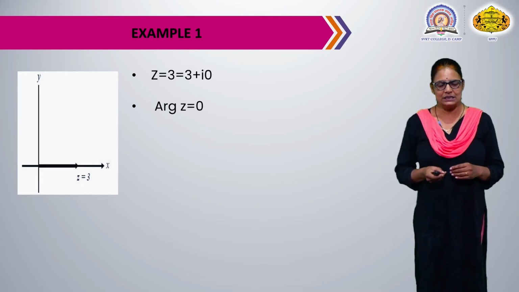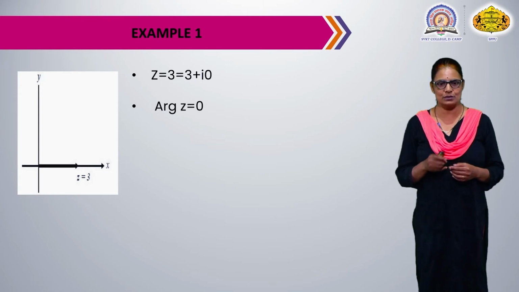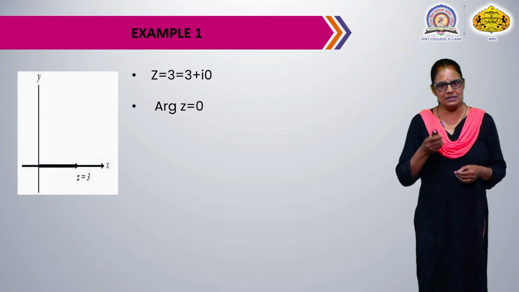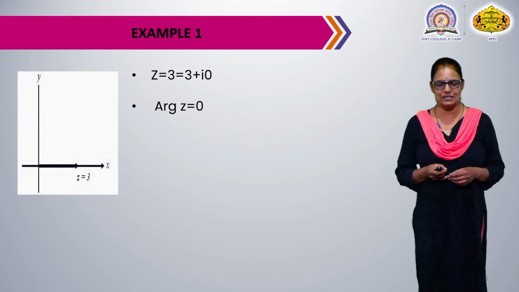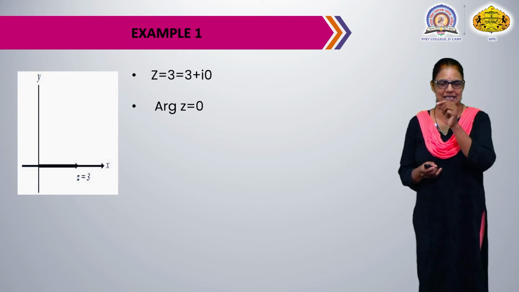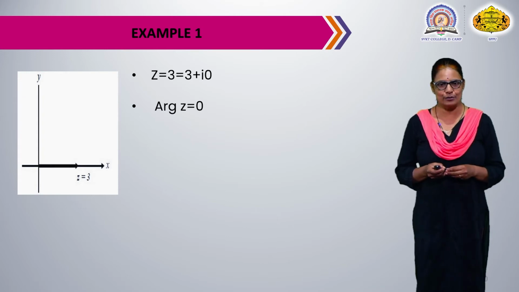Here this radius vector lies on the real axis, so the angle between the radius vector and the real axis is 0. And that is why the principal argument of z is 0, because 0 satisfies the condition minus pi is strictly less than theta is less than or equal to plus pi. So this is the principal argument.